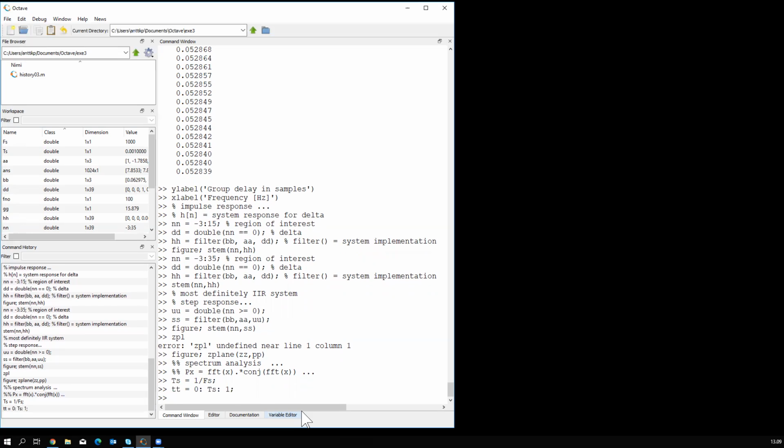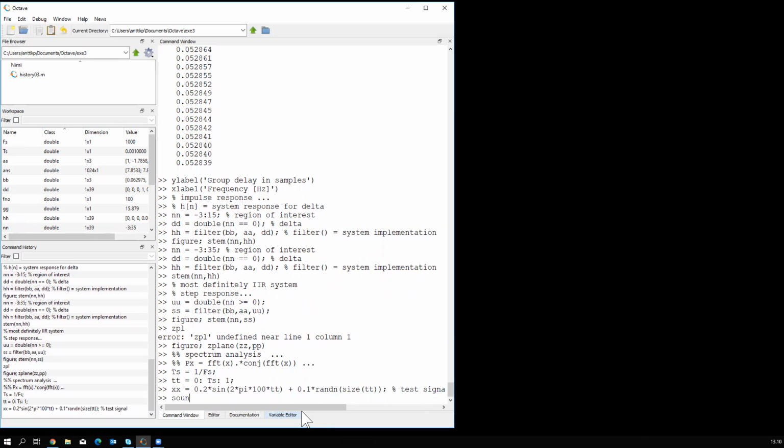And now we can generate a test signal. For example, 0.2 is the amplitude times sine of 2 times pi times 100 Hertz times tt, plus 0.1 times random numbers, the same size as time. This is the test signal.